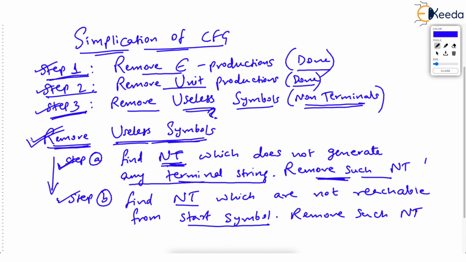Also, while removing useless symbols, you should first go for step A, that means remove non-generating non-terminals, the non-terminals which do not generate terminals, and then you remove the non-reachable non-terminals. Don't do it opposite. Don't run step B first and then step A. You will go wrong. So that's it. That is how you have executed all three steps to simplify a CFG. Okay, thank you very much.